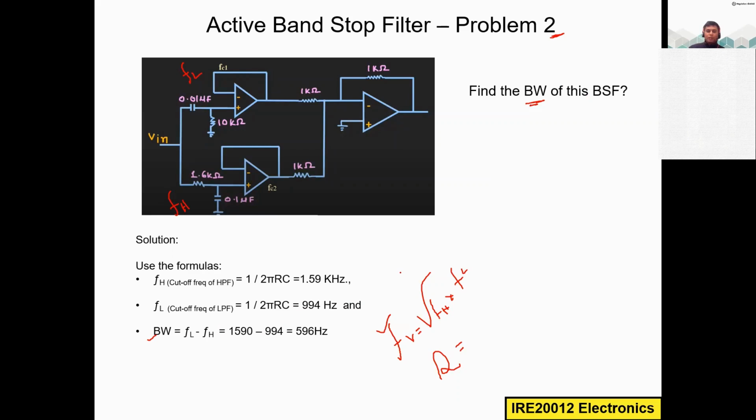So this is just another simple and straightforward problem. So here the main thing is the values of resistors and capacitors are very, very important because these values decide the cutoff frequencies. So only the cutoff frequency is determining the frequency response of the filters.